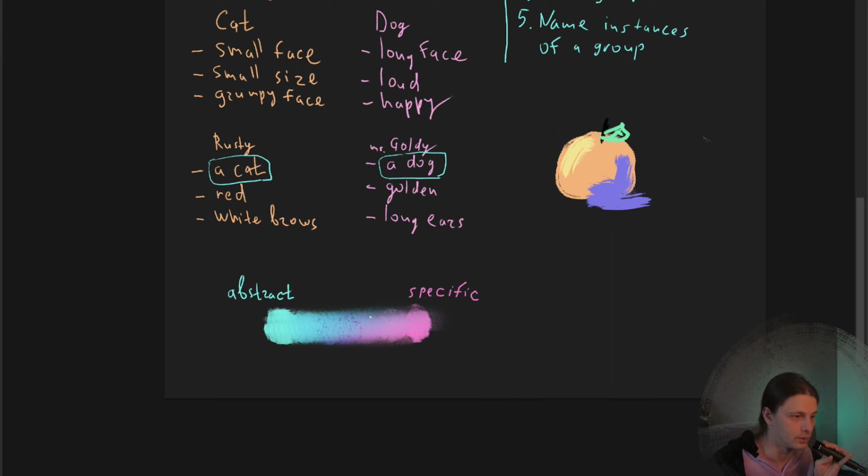And often we need to learn to understand what level of abstraction or specificity on this spectrum we want to be at. Where exactly do we want to be here? If we have just casual conversations about cats, probably we don't want to be here and speak about the deep anatomy of a cat's ear.